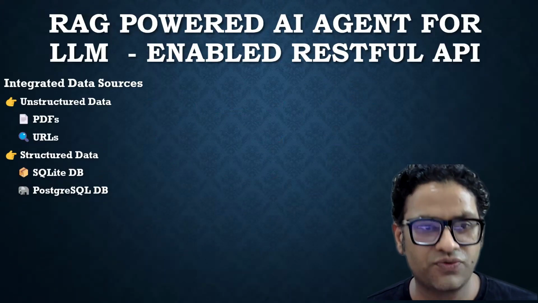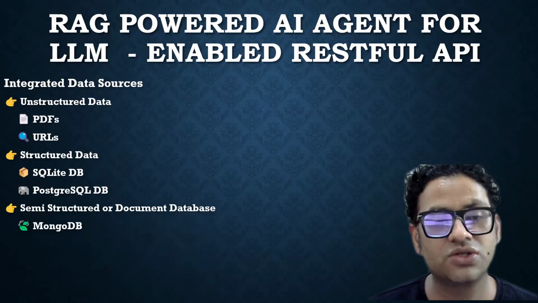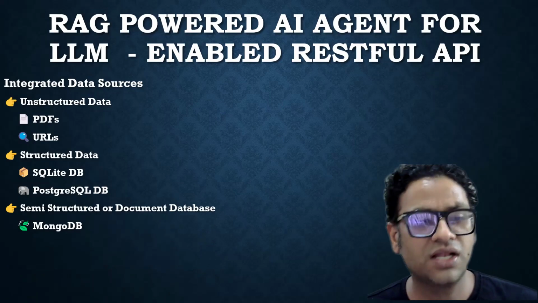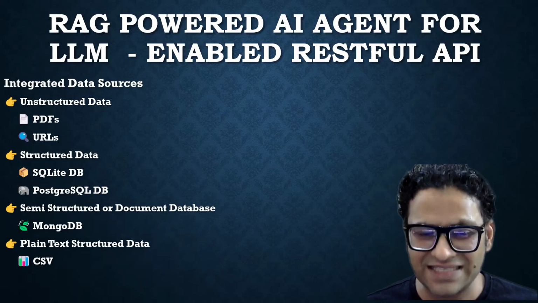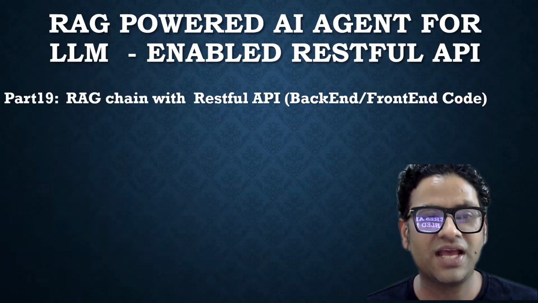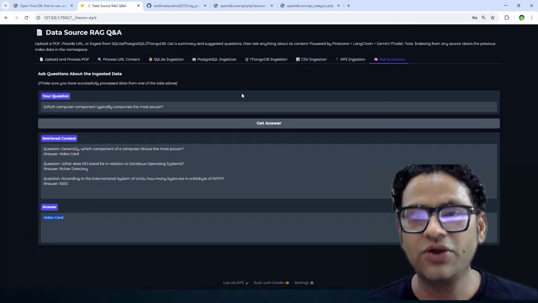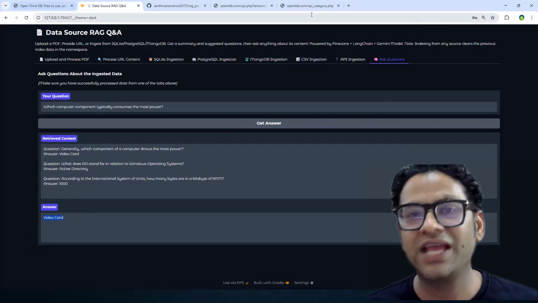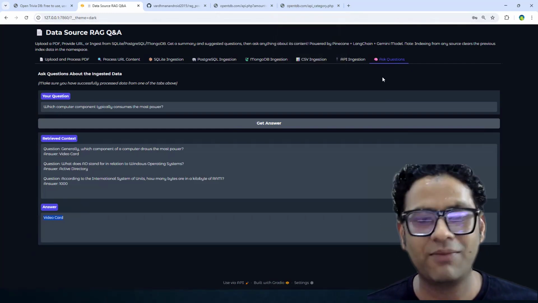We have coverage for unstructured data like PDFs and URLs, structured data like relational databases SQLite and PostgreSQL, semi-structured document database MongoDB, and plain text semi-structured data like CSV, and then we have API as well. In this video, I just wanted to cover which API I'm using and how it would behave from the working or demo perspective.